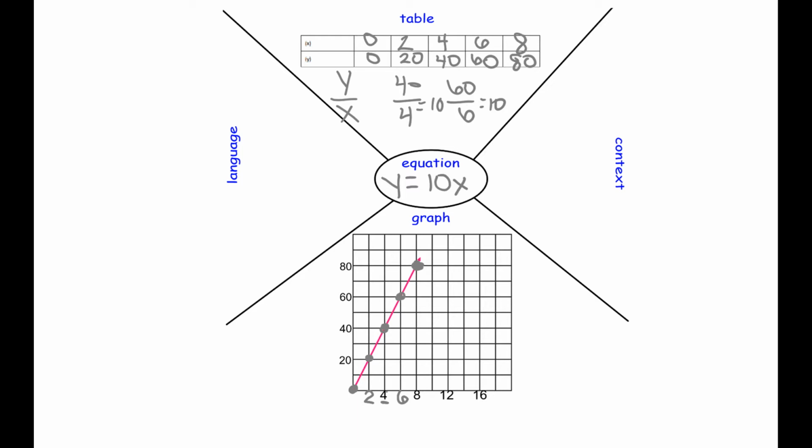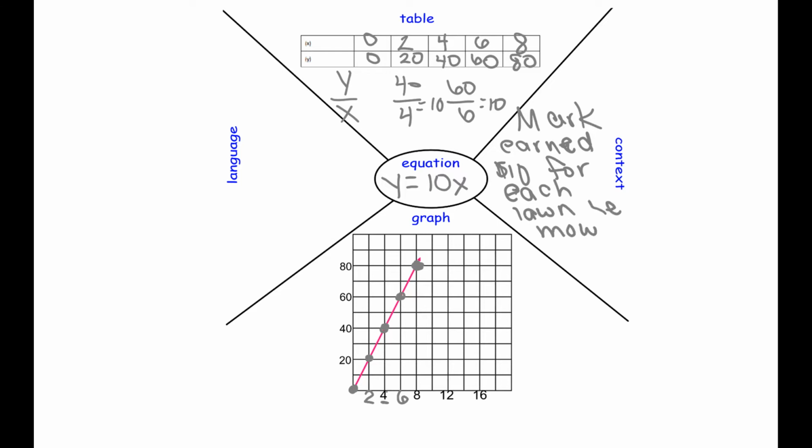So for this one, maybe I'll just keep it simple and I'll say that Mark earned $10 for each lawn he mowed. Could be anything like that.